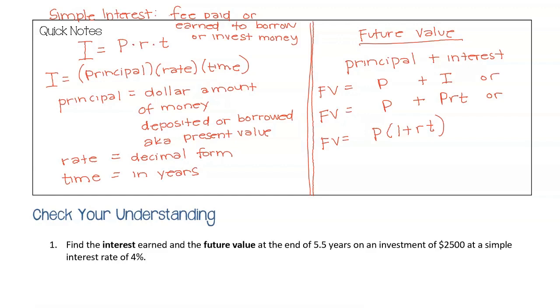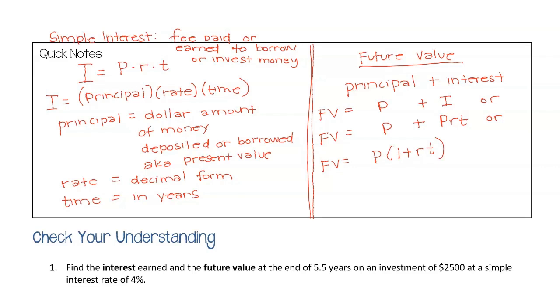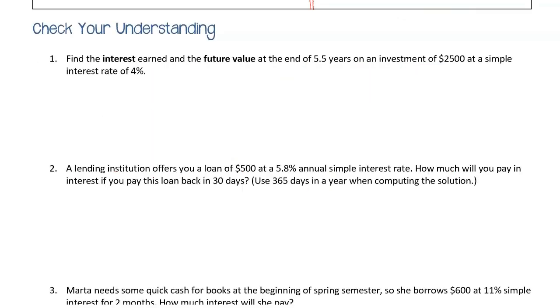Now is your opportunity to practice some problems. I'm going to give you the answers to all the problems so that when you do the problem, you know if you got it right or wrong. For the online students, you do need to show your work for all 4 of these problems to upload your notes. So the answer for problem 1, interest will be $550.